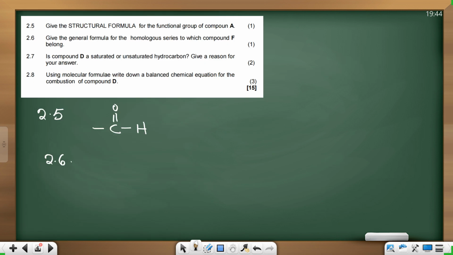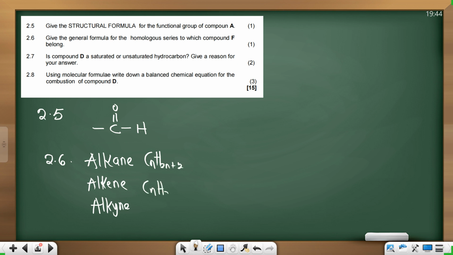I'm sorry. It's an alkene. What is the general formula? Apologies. Okay, but we'll talk about the three. Alkane, alkene, alkyne. So it's CnH2n plus 2. This is actually an arithmetic series. Common difference of 2.